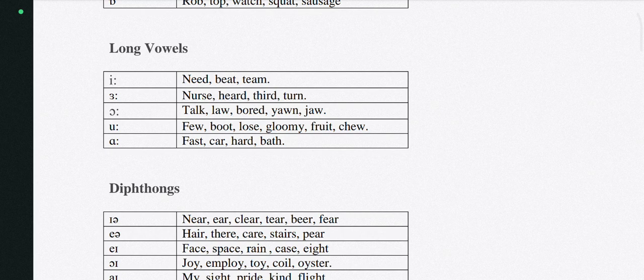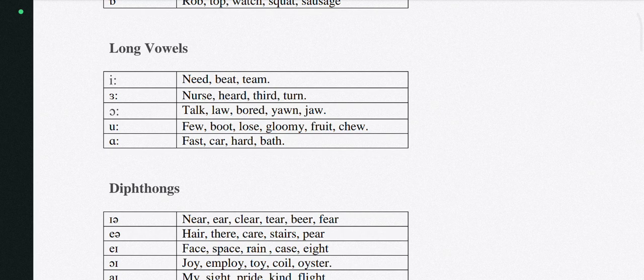Next is oo. Few, boot, lose, gloomy, fruit, chew. Okay. You see few, chew are same because you have ya and oo coming together. Okay. That is why we are pronouncing it as you. But in boot, ya sound is not there. Okay. It is only oo.